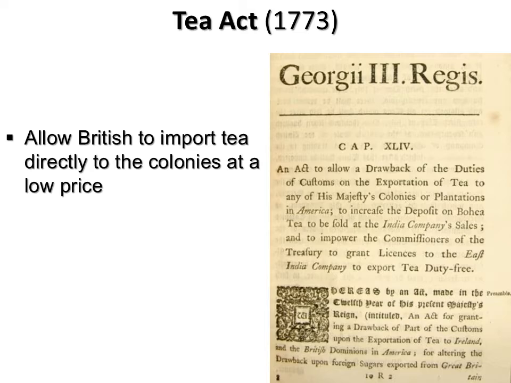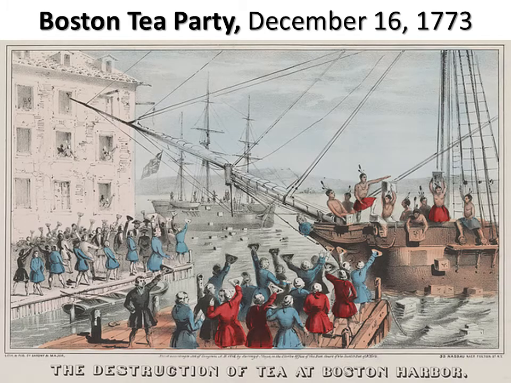But the colonists were wise to this, and they held a series of so-called tea parties throughout these colonial cities, beginning with Boston on December 16th, 1773. That was the first, but other cities would have them as well, Philadelphia, New York. And here, these kinds of protests were organized in secret. And as you see in this sketch, the Tea Partiers are dressed up like Native Americans.